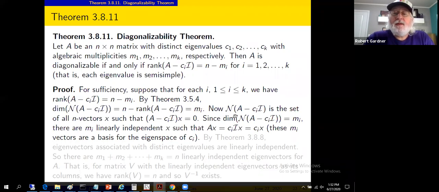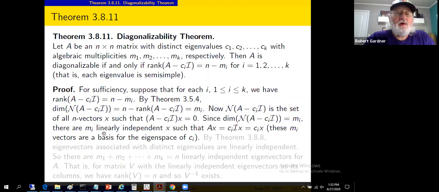The null space of A minus c sub i times the identity is, by definition, all n-vectors that are mapped to 0 when multiplied by that matrix: A minus c sub i times identity times vector x equals the 0 vector. The definition of the null space is the vectors mapped to the 0 vector by that matrix. Well, we know the dimension of the null space is m sub i. That's the computation in the previous line.